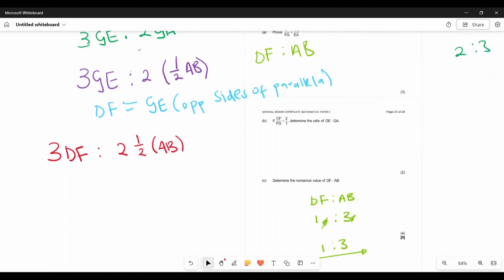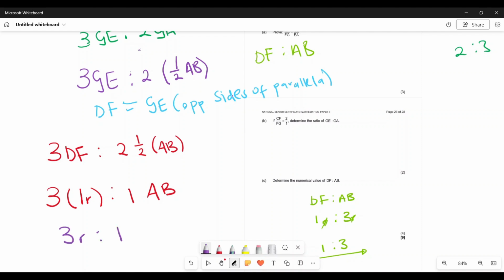Now, substituting my values here, 3 multiplied by the ratio of DF, remember I found it as 1R, is 3R. Now, 2 multiplied by a half would be the same as 1 AB. Now, this would be the same as 3R on the other side is to 1 AB.